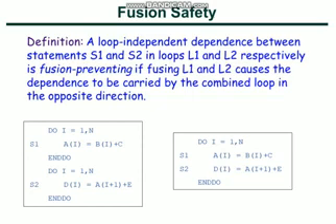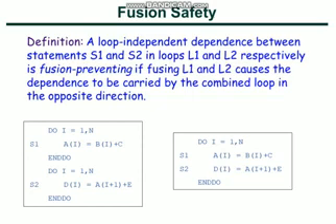A loop independent dependence between statements S1 and S2 in loops L1 and L2 respectively is fusion preventing if fusing L1 and L2 causes the dependence to be carried by the combined loop in the opposite direction.